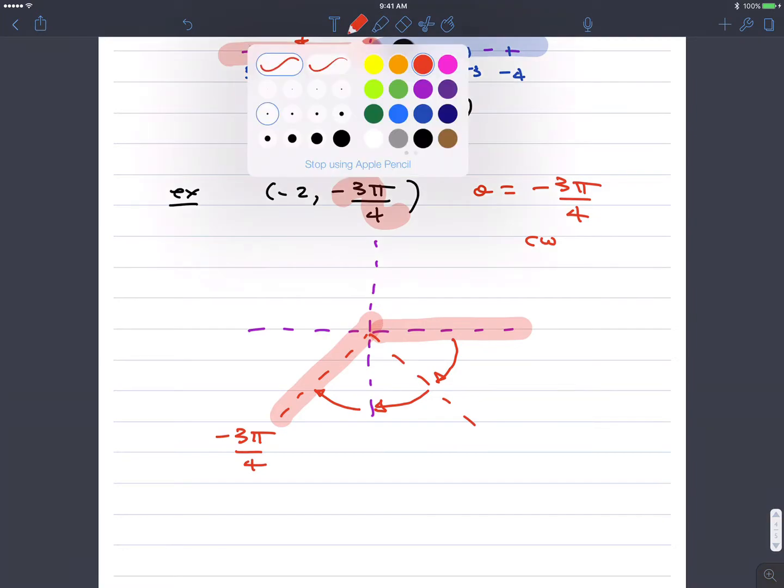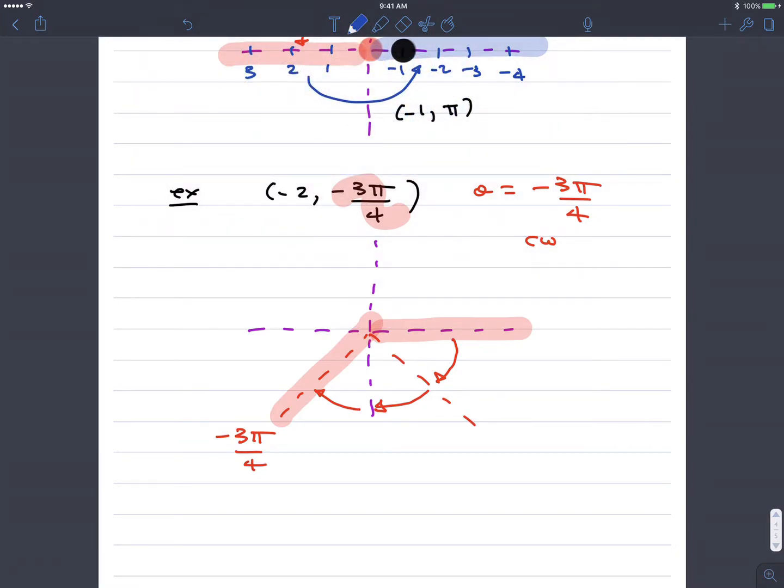Let's really think about this. Okay, you guys ready to think? Isn't this kind of consistent with what we've been doing? Is that consistent? We rotate that particular polar axis a particular angle, negative 3 pi over 4 now. So far, so good?